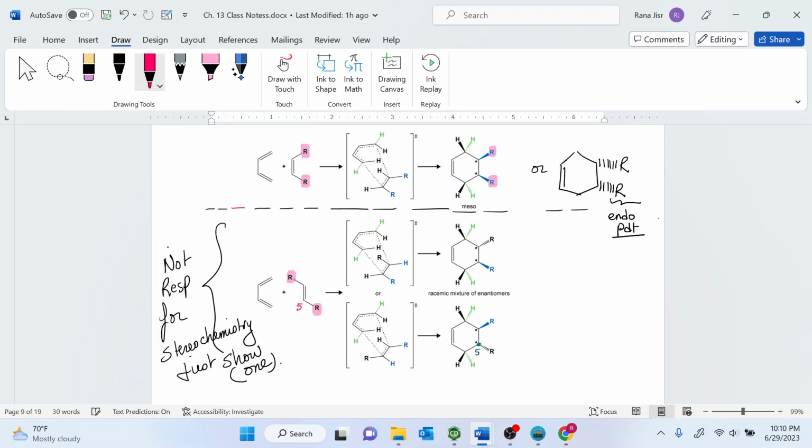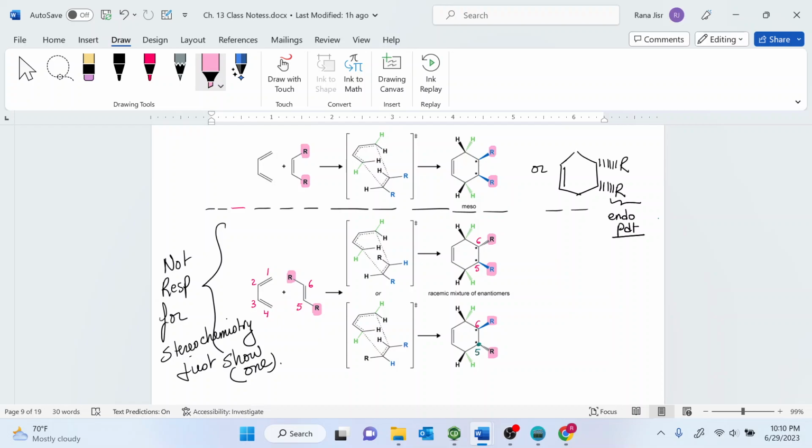So this is carbon 5, this is carbon 6, this is carbons 1, 2, 3, and 4. So on carbons 5 and 6, in this case, the substituents need to be on opposite side. Whether they are one in front, the other behind, or the opposite in there, it really doesn't matter.